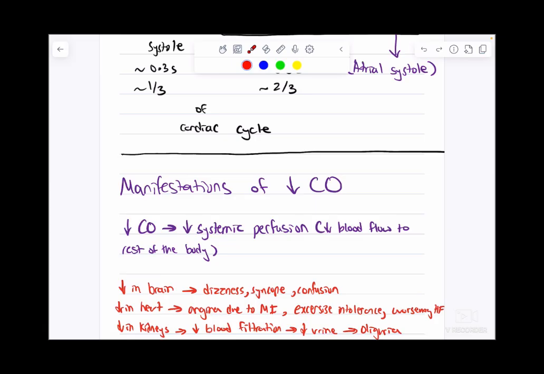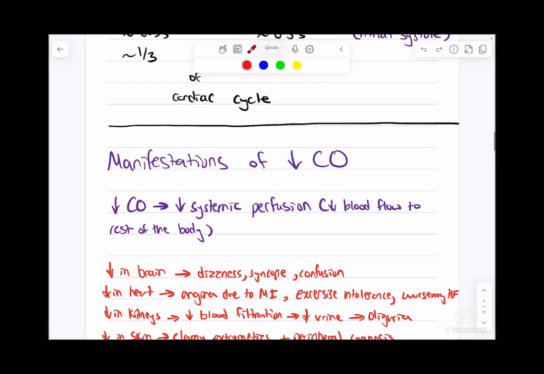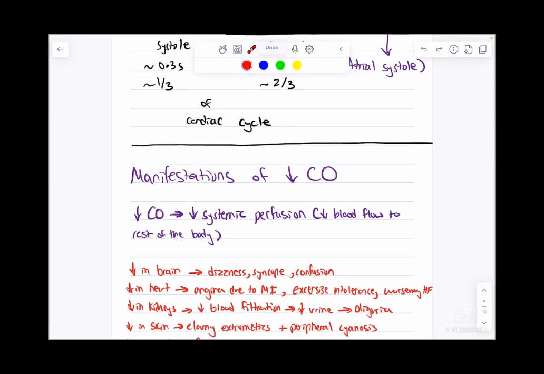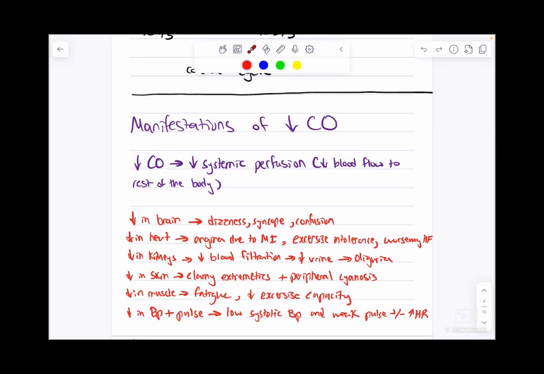Okay, now let's talk about manifestations of low cardiac output. Low cardiac output usually causes decreased systemic perfusion, which basically means decreased blood flow to the rest of the body. If we use our brain a bit and think, what does that mean?